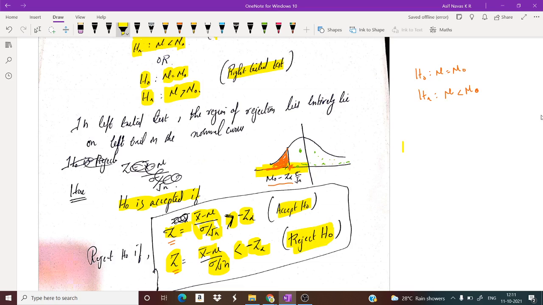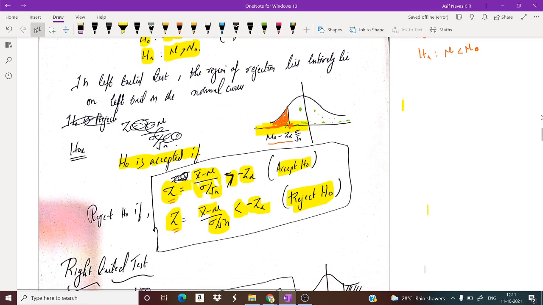So in left-tailed test, accept if z greater than minus z alpha, it's only a one-tailed test, and reject if z less than minus z alpha.